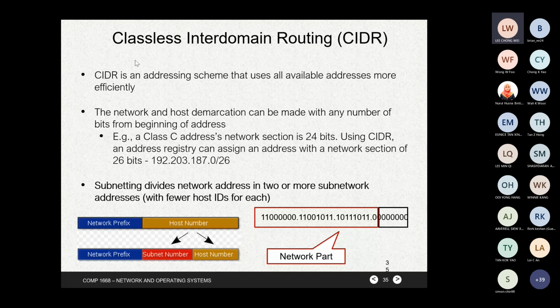For example, you want to route from Microsoft.com to Google.com. That is what we call inter-domain routing. But when you do routing internally within Microsoft or within Google, you call it intra-domain routing. For that, you need this protocol.